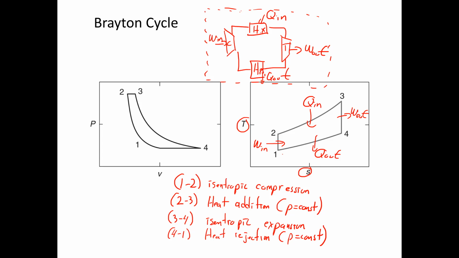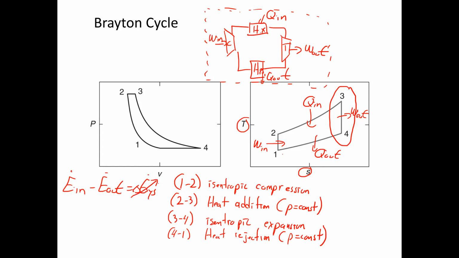So another thing I'll highlight, just as a quick review: if we were to do a first law analysis on any of these cycles, let's look at the turbine process, the expansion process. We have the rate of energy in minus the rate of energy out equals the rate of change of energy of the system.